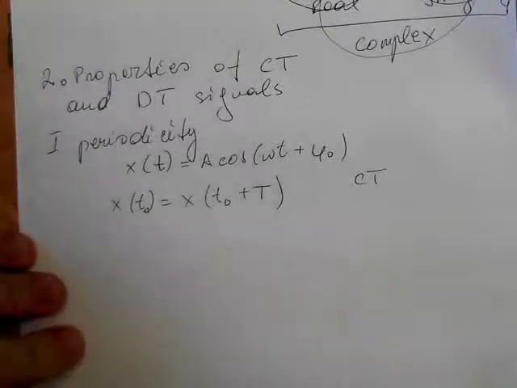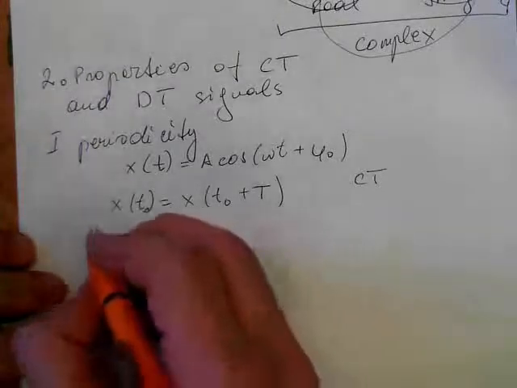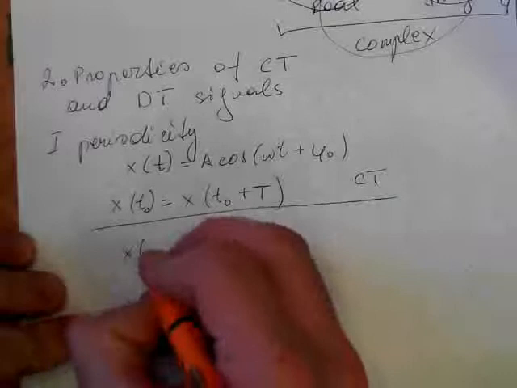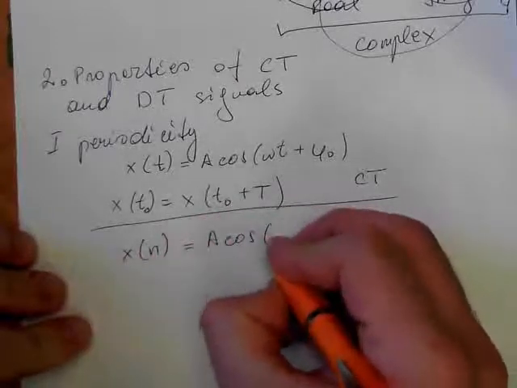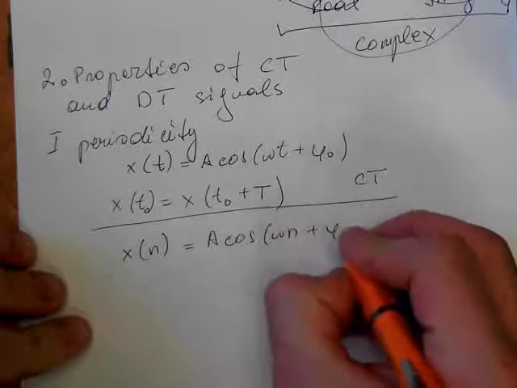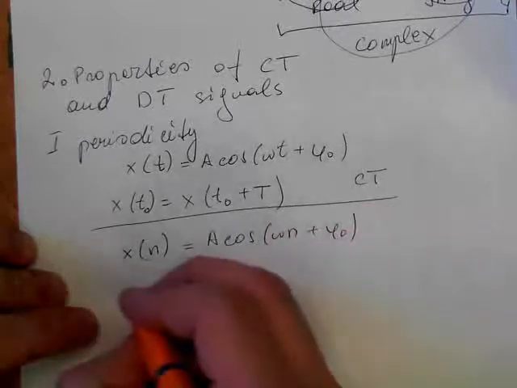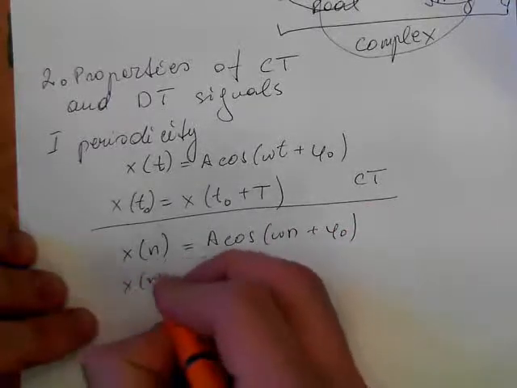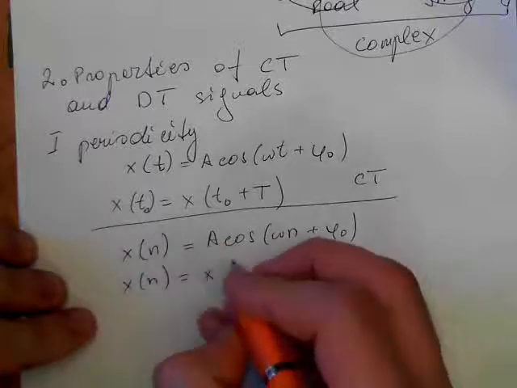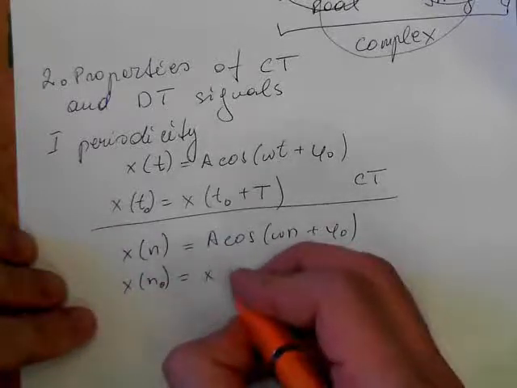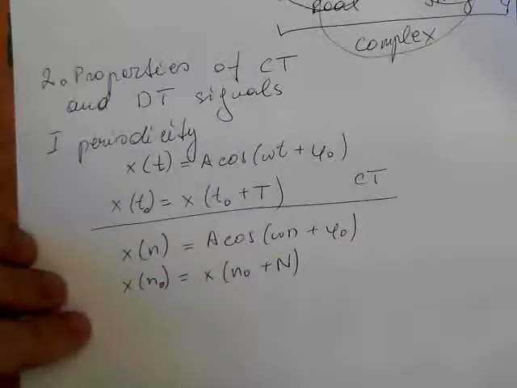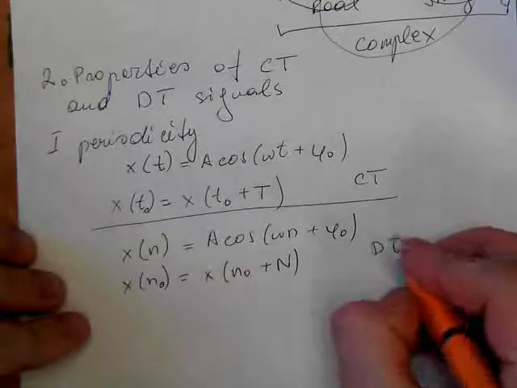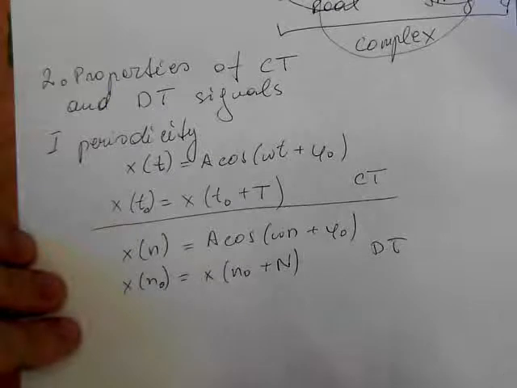Now if we have discrete time, we have n instead of t, and we have A cos(ω0 n + φ0), and the periodicity property is the same: x(n0) equals x(n0 + N).